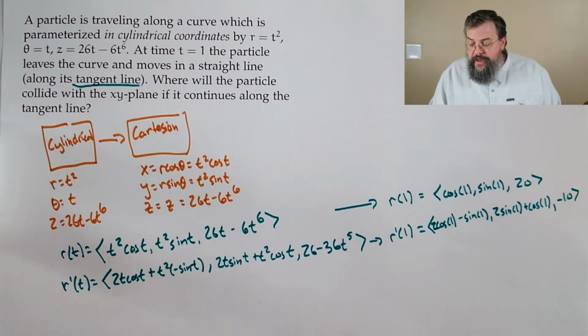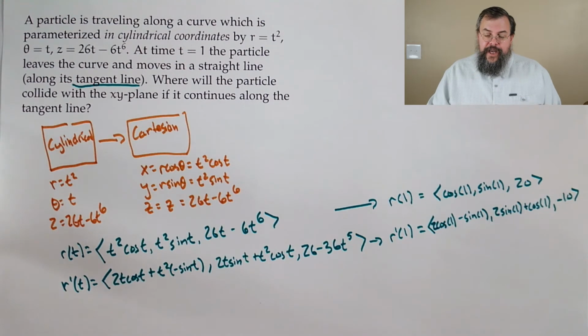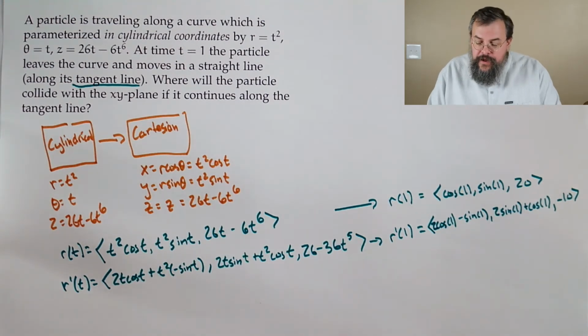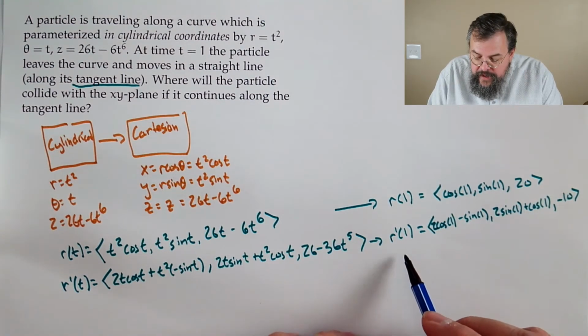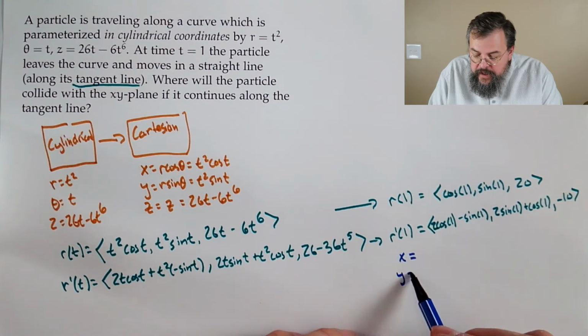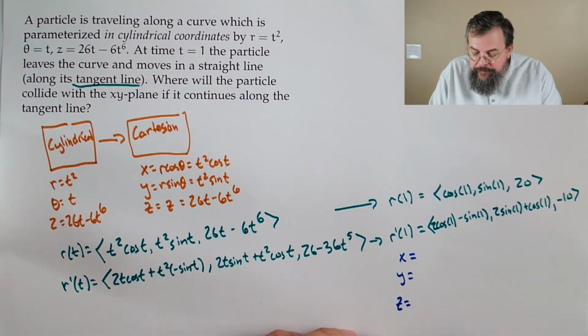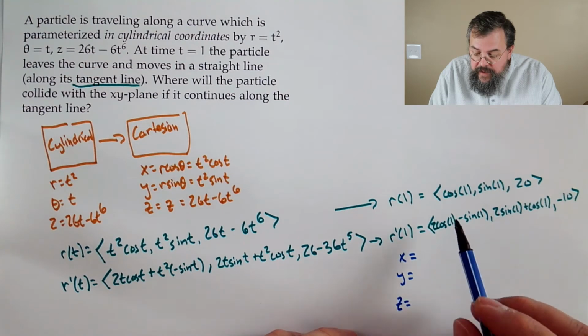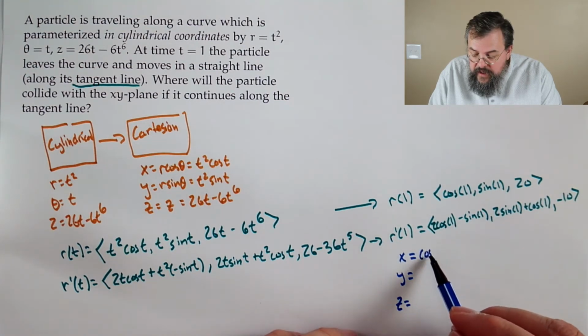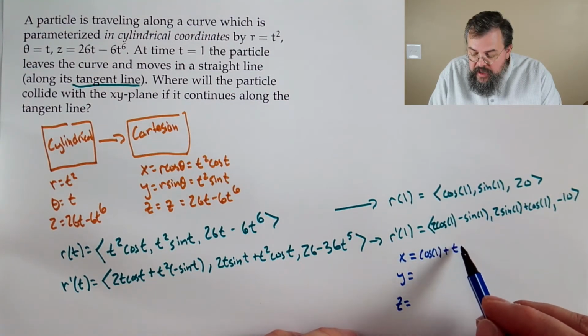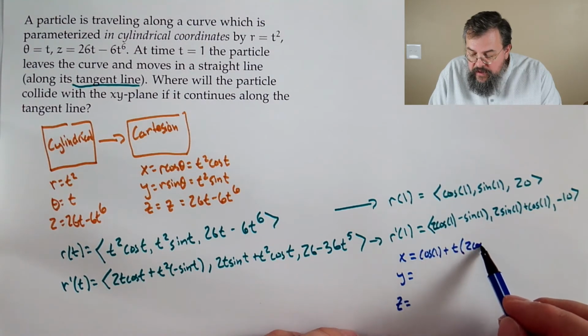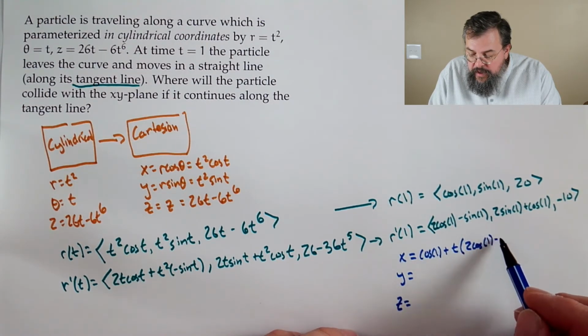Now we put it all together and we get our line. So we have x, y, z. x is cosine 1 plus t times 2 cosine 1 minus sine of 1.